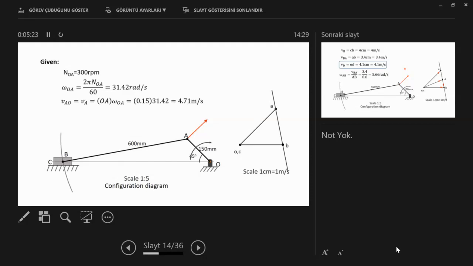You can make such a table, like this: the link to point A and point B, and you can say B relative to A, velocity. And for the velocity, we know the magnitude and the direction.